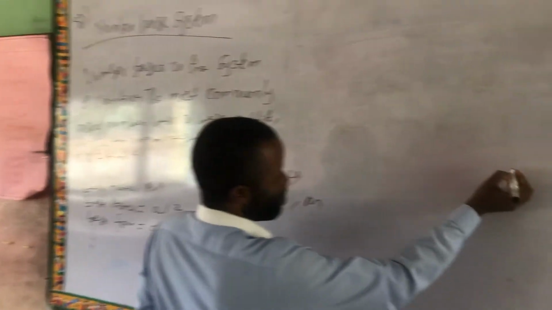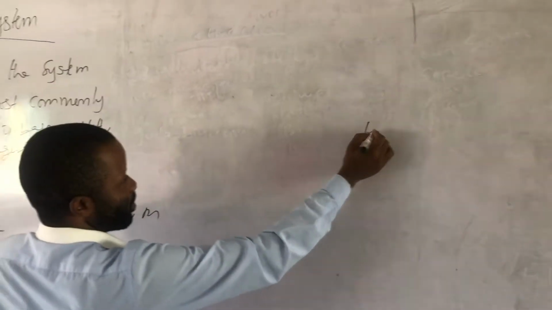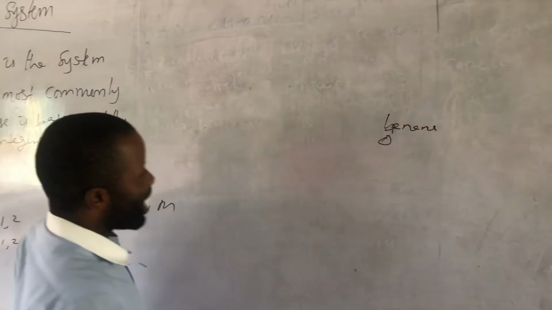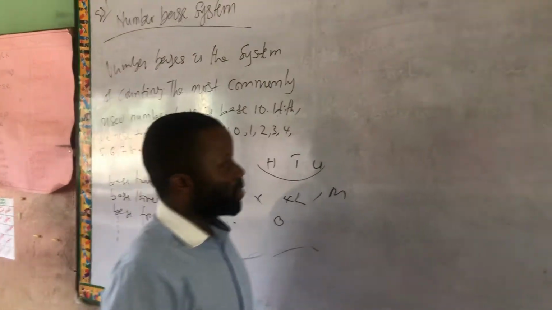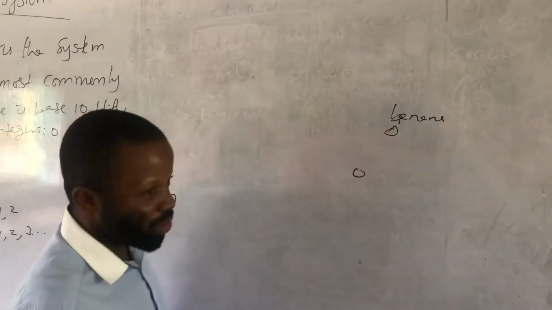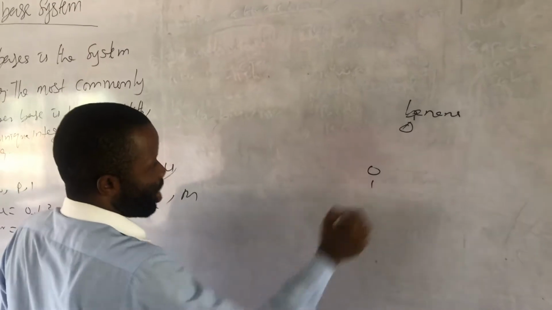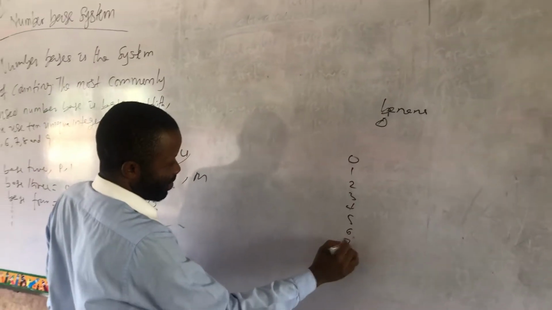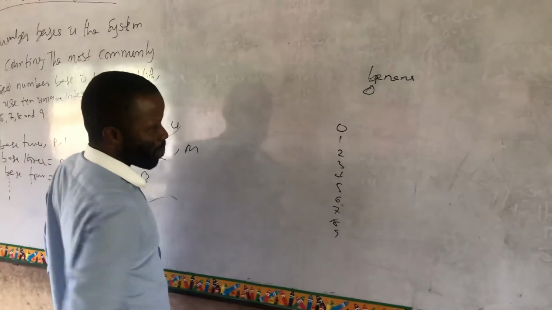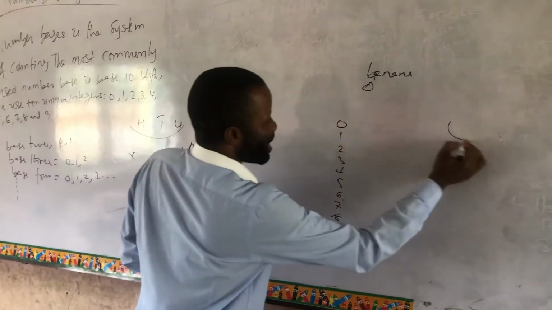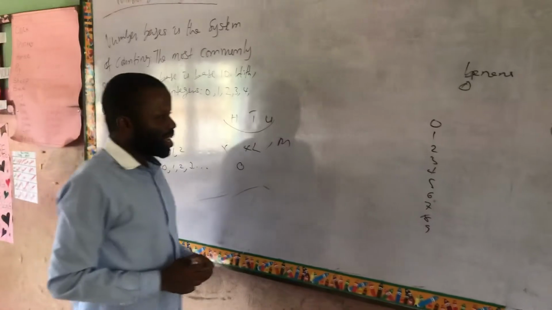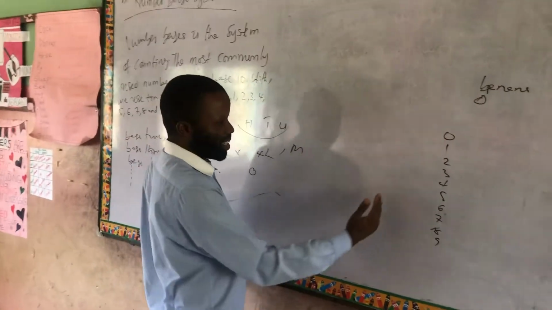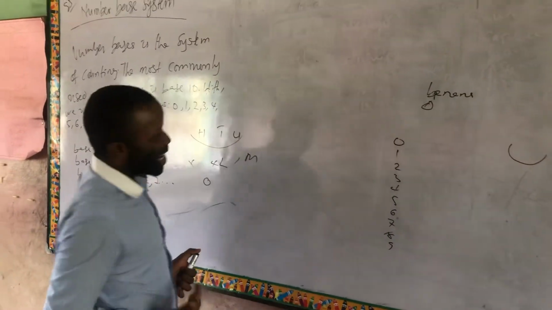Let's say you have bananas. Then you start counting. At the point you have no banana, that is 0 bananas, then you count 1 banana, 2, 3, 4, 5, 6, 7, 8, 9. And maybe you have more than 100 bananas, but we have exhausted all the digits we have in base 10.